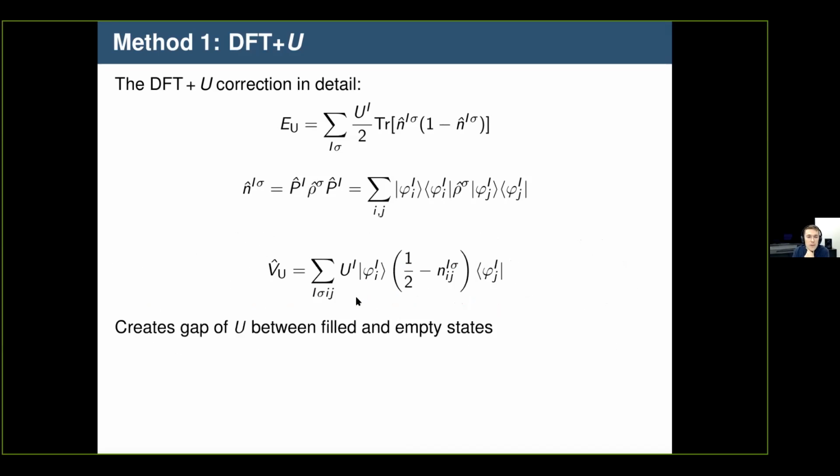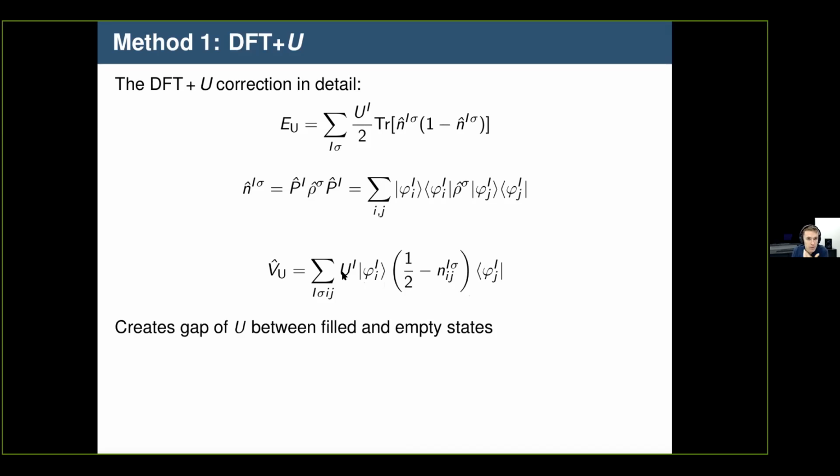So if we imagine that we've got some sort of electronic state that has a very significant overlap with that subspace, and that state is filled, then this N_ij will be equal to 1. And so this whole term here will reduce down to a rigid shift of minus U over 2. So U here is a scalar parameter that determines the strength of the corrective term.